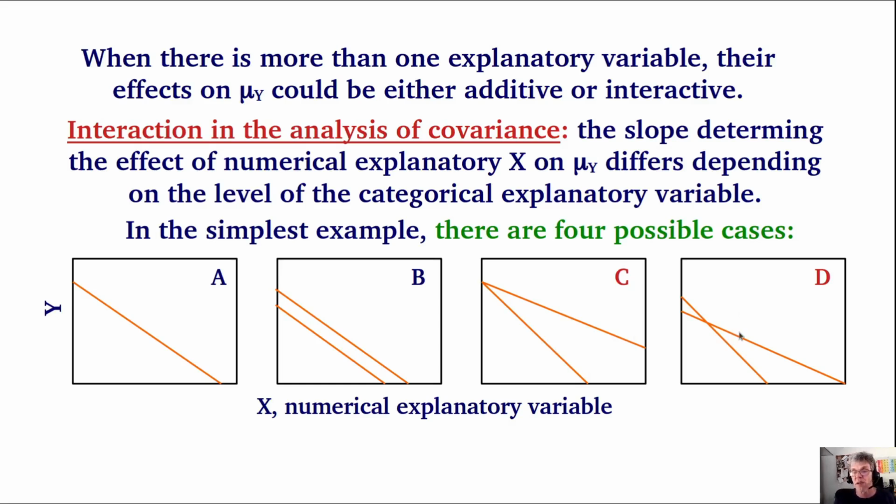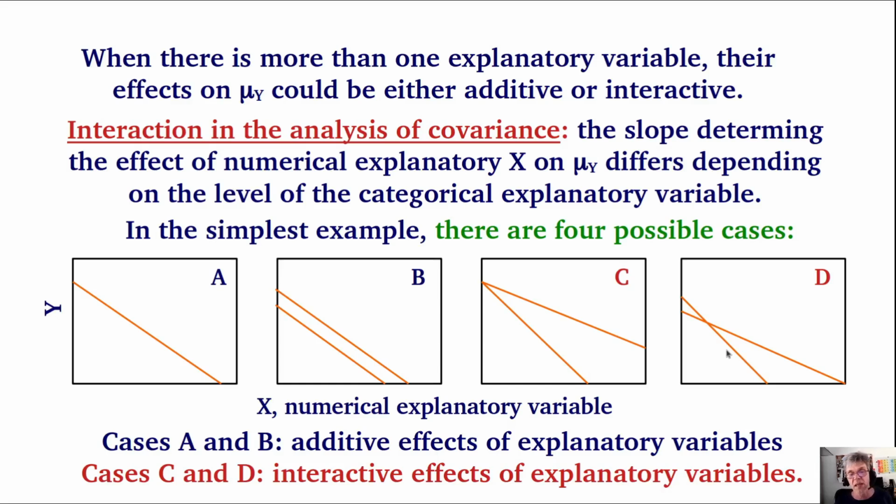And in the fourth case, both the intercepts and the slopes are different depending on the levels of the explanatory variable. In cases A and B, we had additive effects of the explanatory variables because essentially the slope between y and x is the same. The effects are just additive. And in cases C and D, illustrated in this slide, we have interactive effects between explanatory variables.